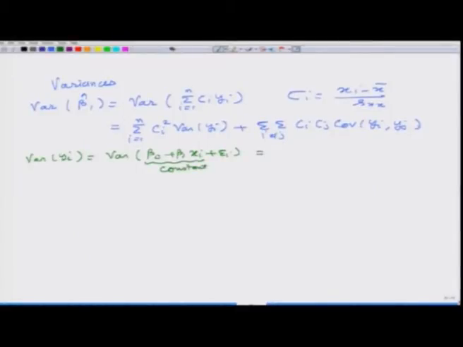So this variance expression becomes the same as the variance of epsilon i, and we have assumed that the variance of epsilon i is sigma square. So the variance of y i also becomes sigma square.